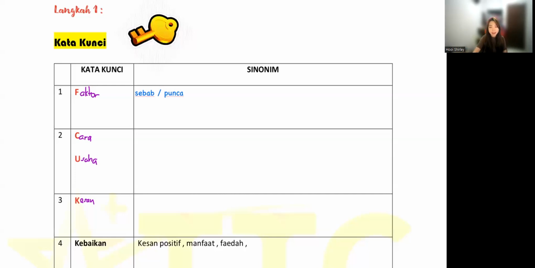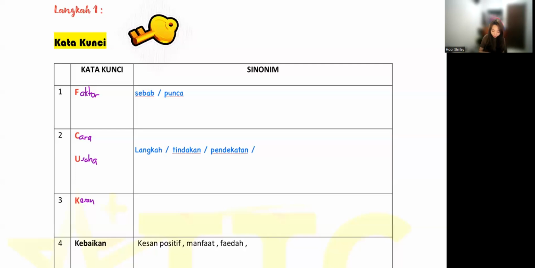Do you still remember any synonyms for cara and usaha? Langkah, exactly. And then tindakan. What else? Pendekatan. This term will always come in the rumusan, so you will need to take notes.